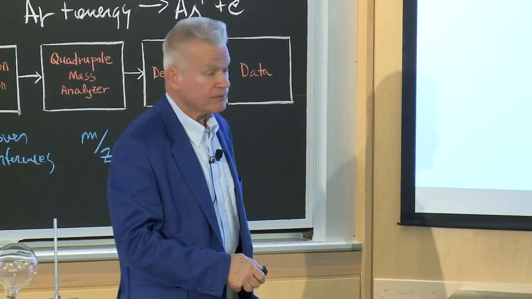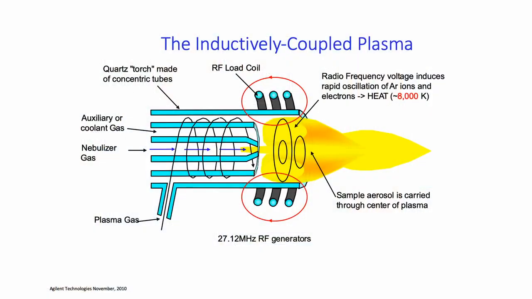Let's take a bigger view of it. This is a blown up view of what's happening here. So here's your aerosol sample going down the center tube. What happens to the sample is the liquid is dried out to a solid in that tube. And then that solid is vaporized, atomized, decomposed, and then ionized. The temperatures in here can get up to 8,000 Kelvin.